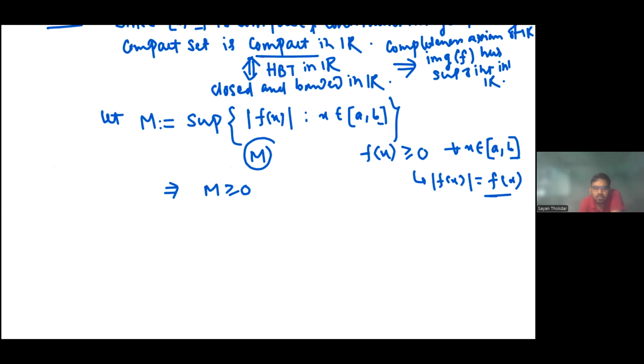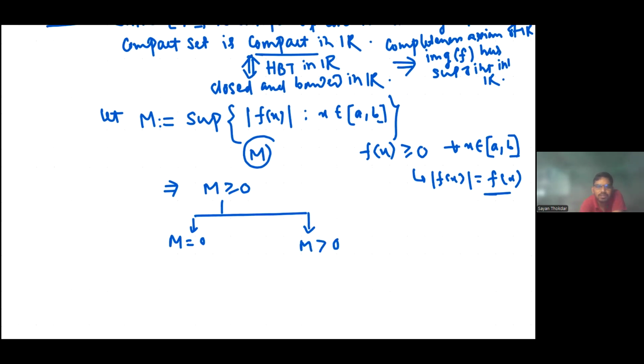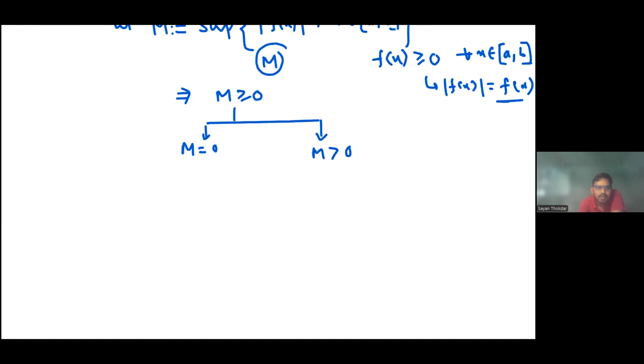So there are two possibilities, right? Either M equals 0 or M is positive. There are two cases. We are considering the first case. Case number 1: when M is 0.